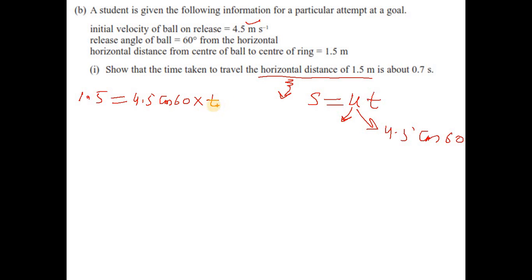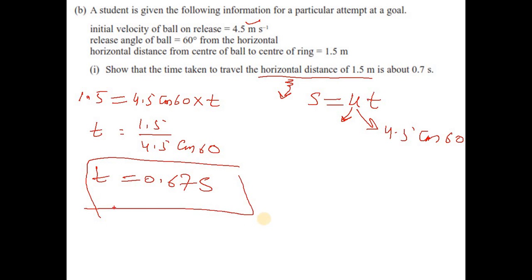If you make t the subject, you get t as 1.5 divided by 4.5 cos 60, so t would be equal to 0.666, about 0.67 second. This is the time for the horizontal distance of 1.5 meter taken by the ball.